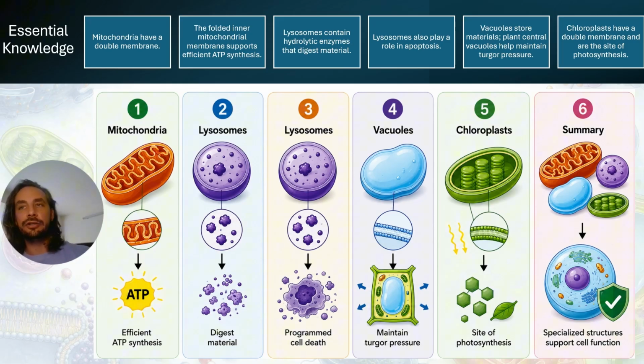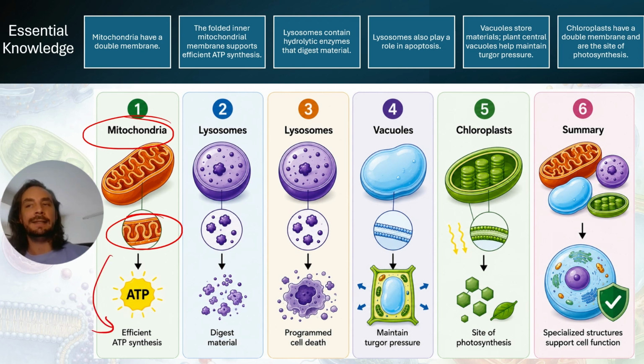So the essential knowledge. Mitochondria have inner folds and a double membrane, and this makes efficient ATP synthesis. Lysosomes contain hydrolytic enzymes, and these enzymes digest materials.